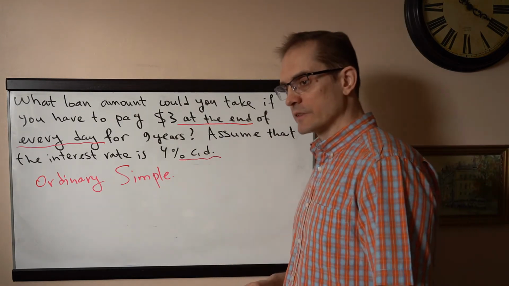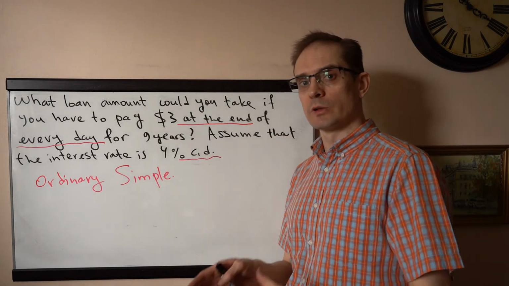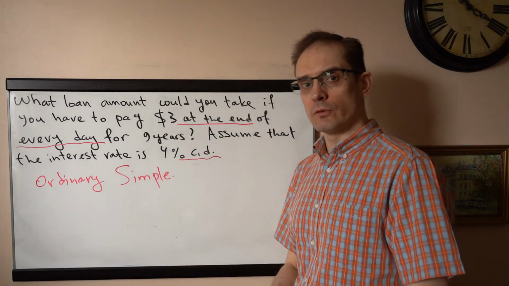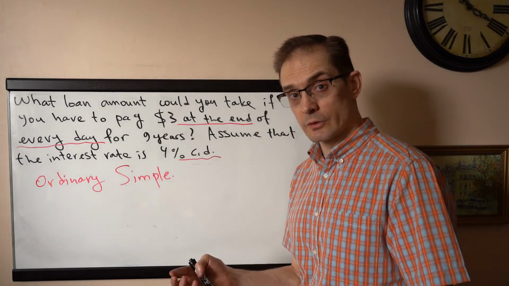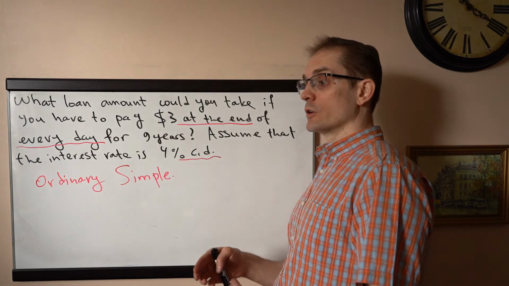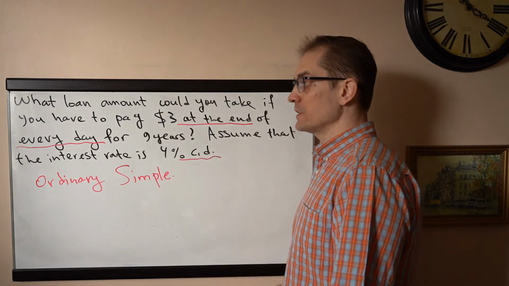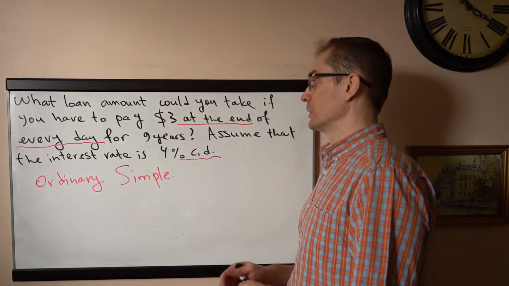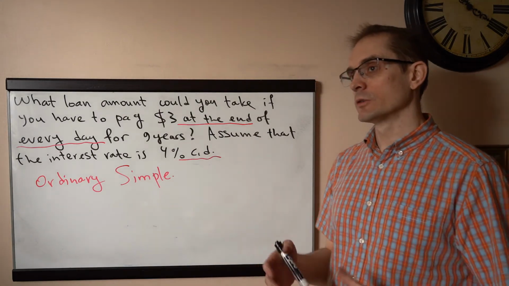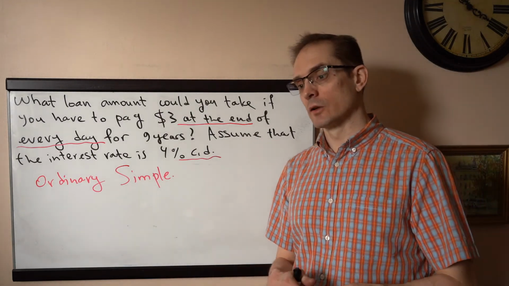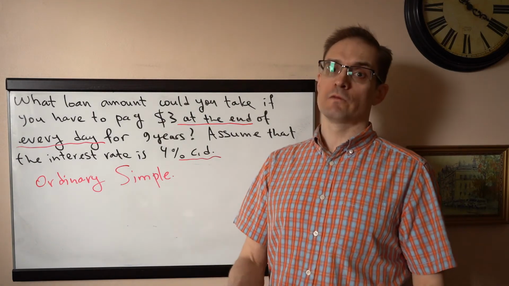Because that's an ordinary simple annuity, we have the complete right to use one of those two formulas for future value or present value. Now the question is, which one of those should we use for this problem? Well, this problem is about loan amount, right? And loan amount means that you are taking that loan usually before you pay for it, right?